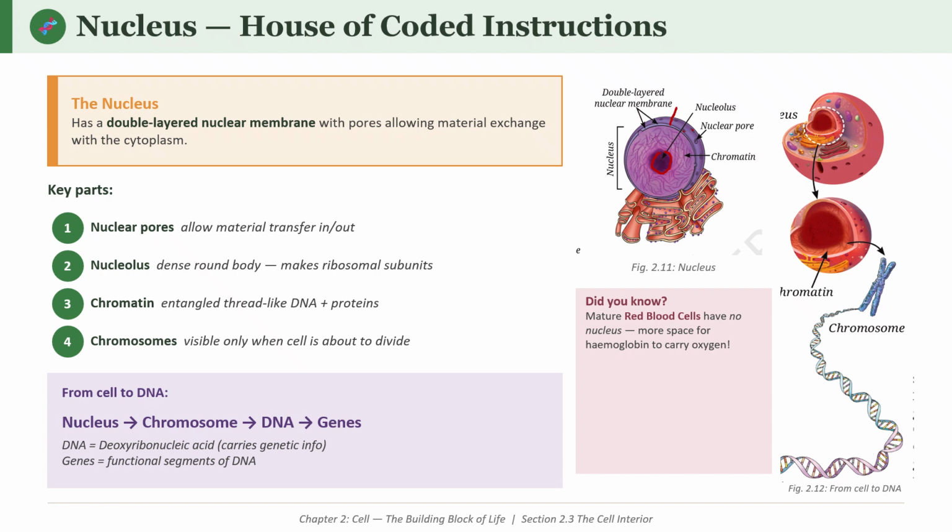Next comes the chromatin. Chromatin is a thread-like network made of DNA and proteins. For example, if I take a thread and just entangle it and put it down, that is how the chromatin looks, entangled like that.